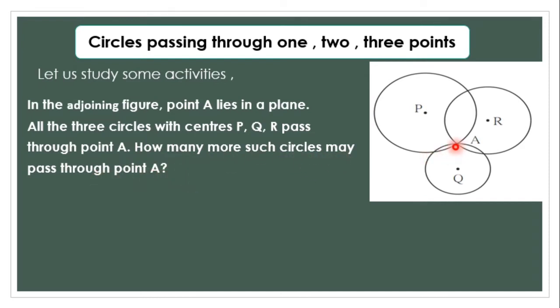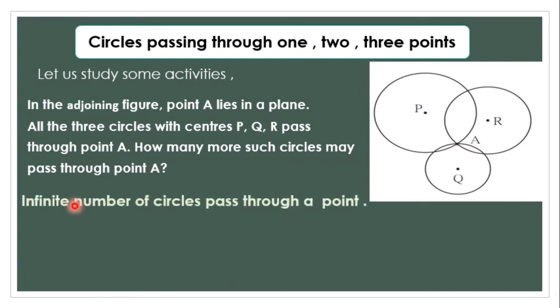If you try drawing more circles through point A, you will be able to draw so many. So our answer will be infinite circles. Infinite number of circles can pass through a point A.